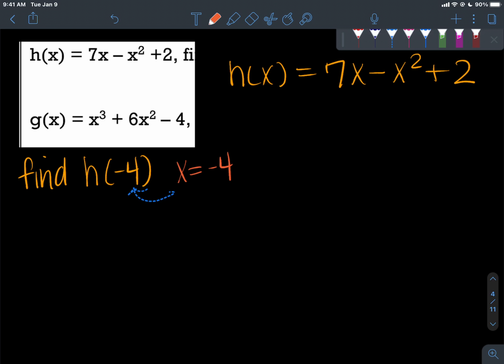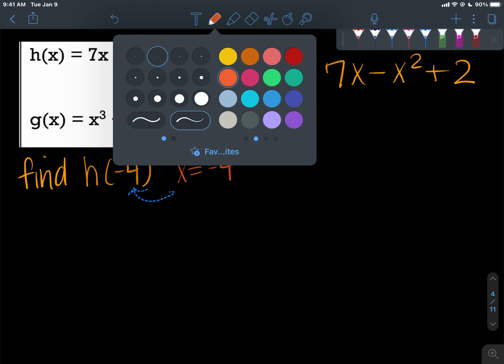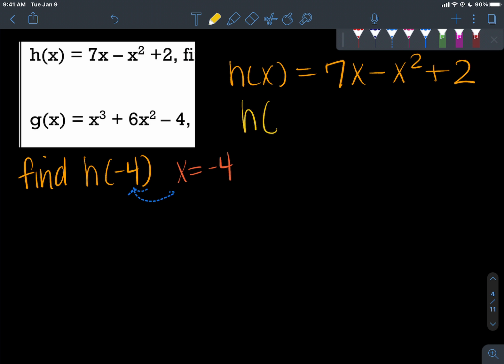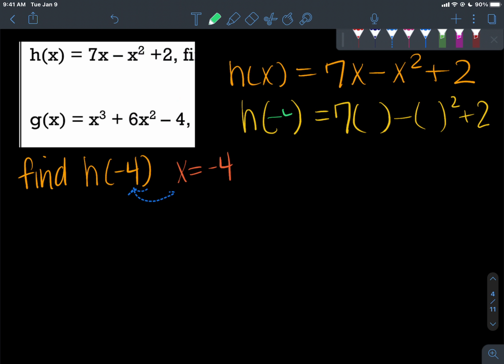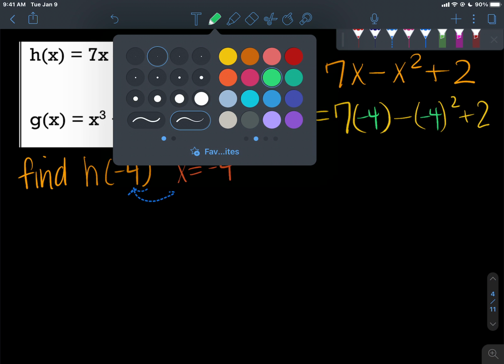Every single place that I see an x, I change it to a -4. So I'm going to go up here to my equation, and all the parts that are going to change, I'm going to rewrite in a different color. Everything that stays the same is going to remain here in this yellow color. So notice every x became a -4. Now I can start simplifying.